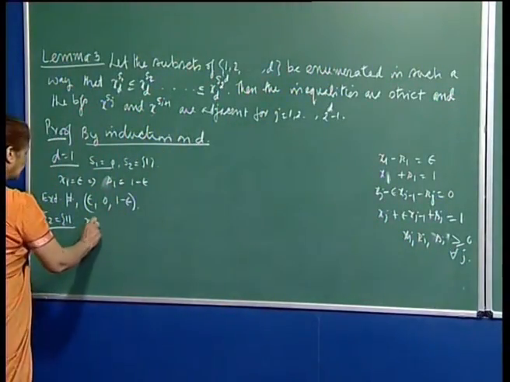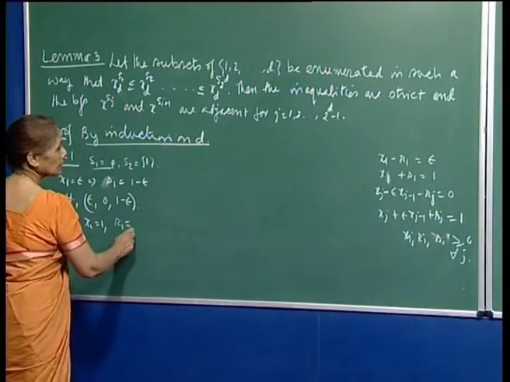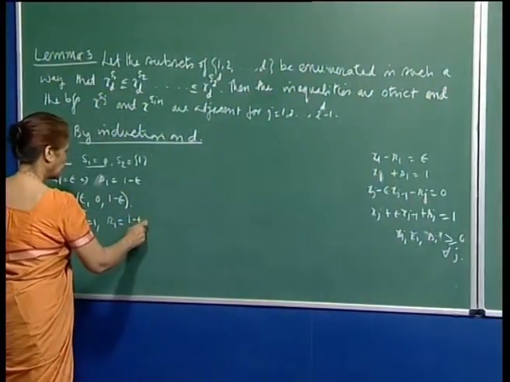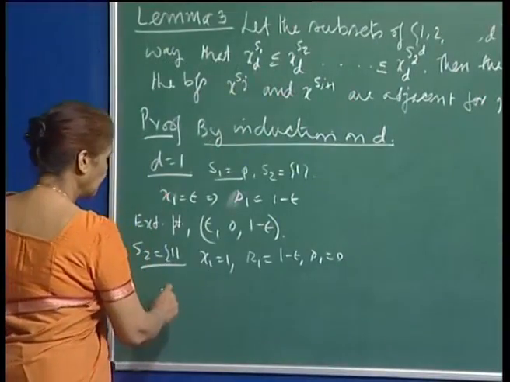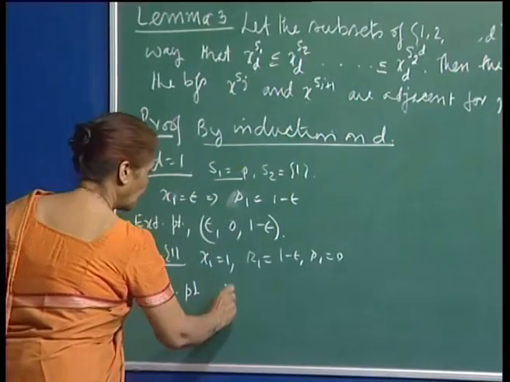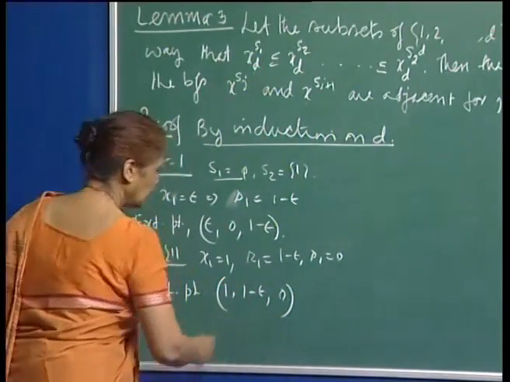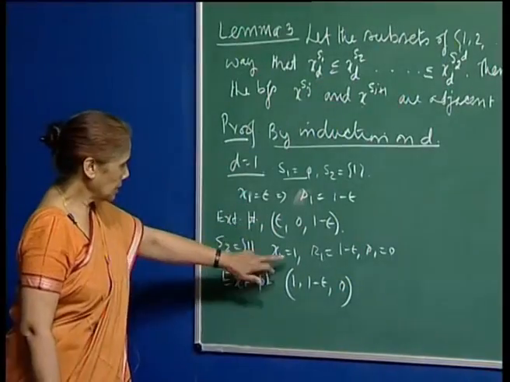So X1 is 1, and that gives you R1 as 1 minus epsilon, and S1 is 0. So the corresponding extreme point here is 1 minus epsilon and 0. So you see here the value is increasing.